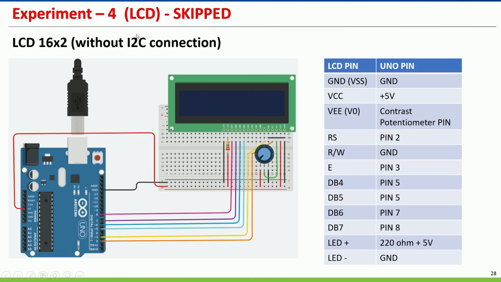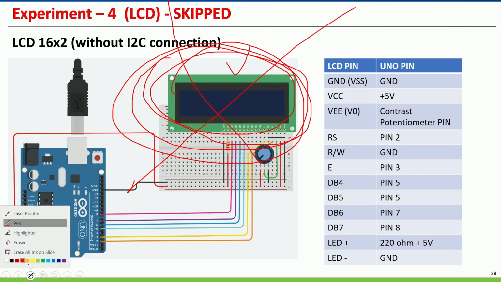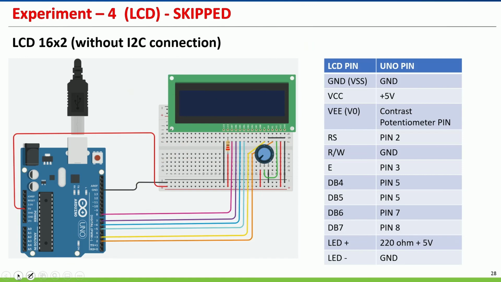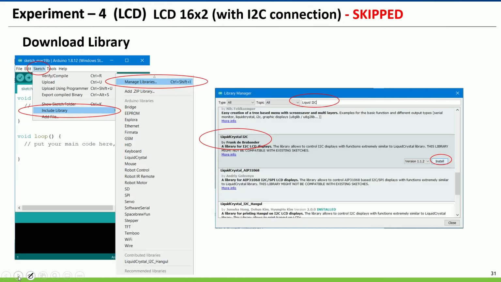And this one is the LCD experiment, I skip this experiment. I skip it because we don't have the LCD in the Arduino kit. You can do it by yourself if you have an LCD and buy it by yourself, and you can install the program in here.